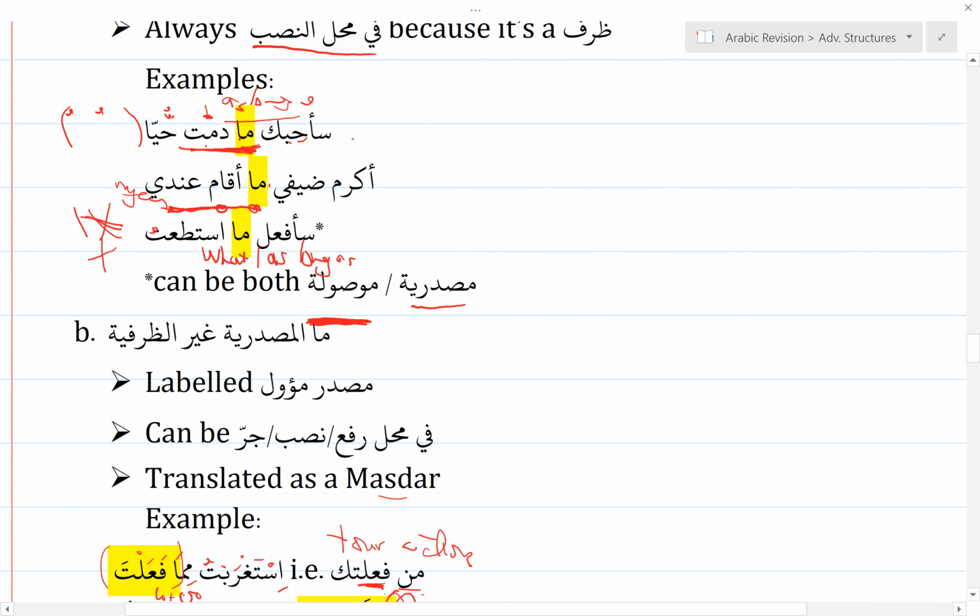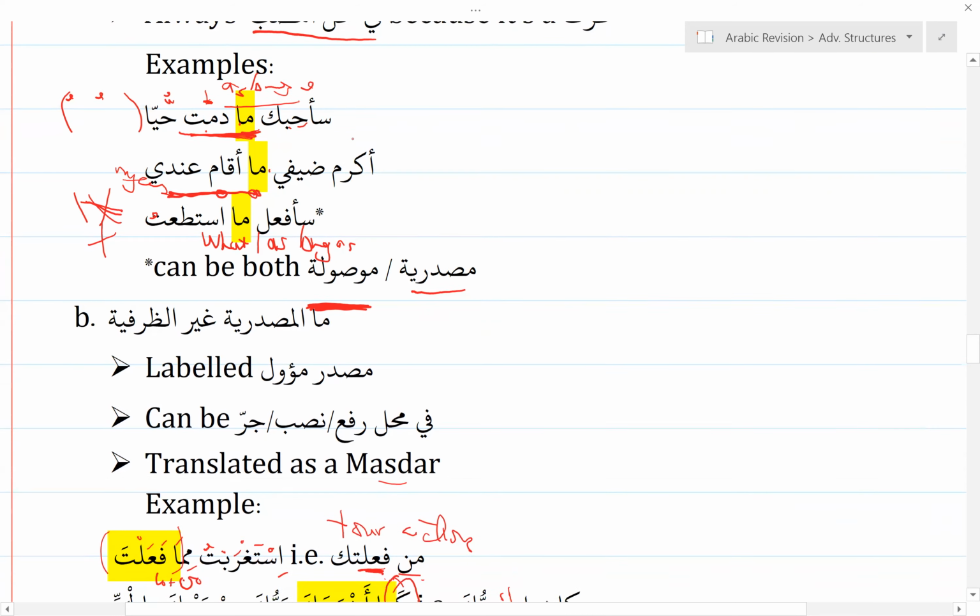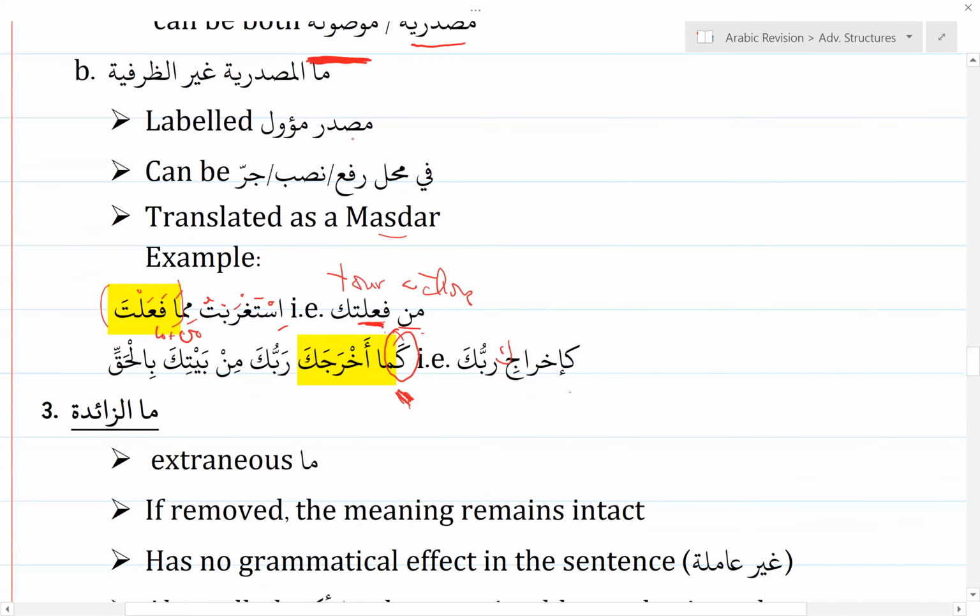Yes. But then in this ma masdariya, Sister Ilham, why is the zamaniya called masdar muawwal? Both of them are masdariya. Both of them make a masdar.